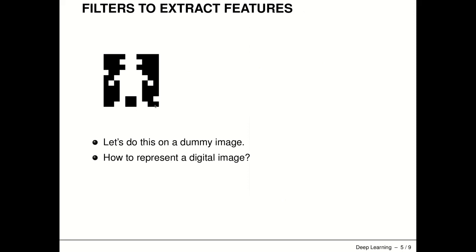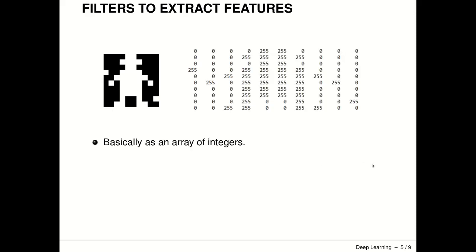Let's continue with another example. Assume we have this input image. This is our source image, or A. We would like to calculate the Sobel operator on top of this input image. But before that, let's see how we actually represent these images.